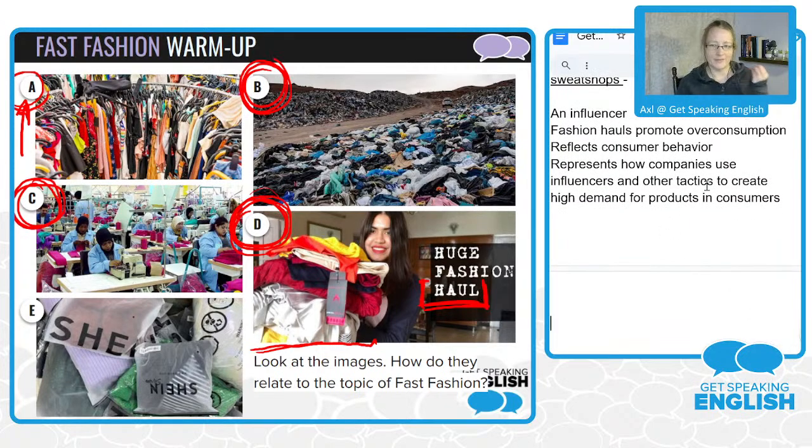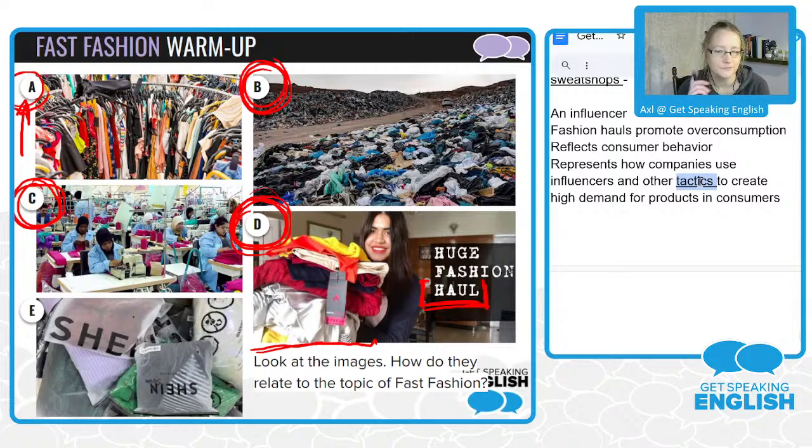Yeah, I like the word tactics, like strategies. Because it's a marketing thing, right? Brands will maybe have sponsorships and partnerships and things like that too, right?